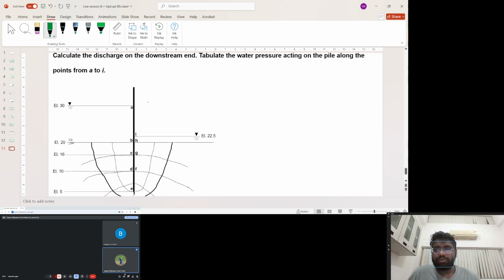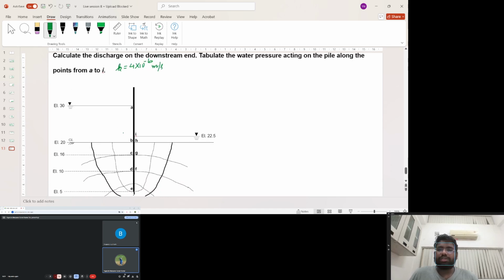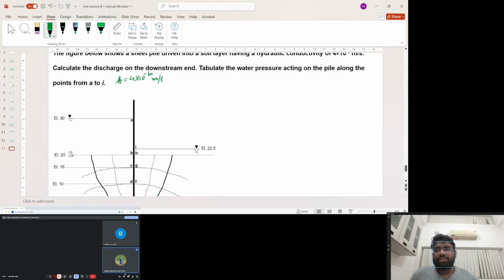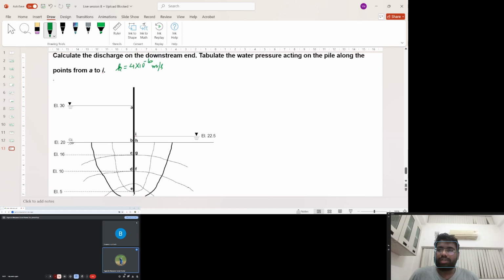Now we have to understand some of the given information by listing them down. So first is K, which is 4 into 10 power minus 6 meter per second. All right. So first, discharge has to be calculated. So for that we need to calculate what is head difference.